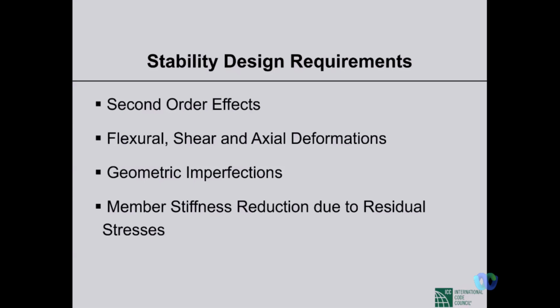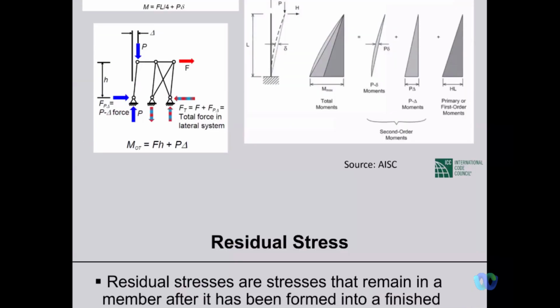One is second-order effects, another is flexural, shear and axial deformations that we'll see, and geometric imperfections. It's very difficult to consider them analytically, but there are ways. We'll talk about that tomorrow in the direct analysis method. But we have to consider the member stiffness reduction due to residual stress, and now how they are induced in a member, in a steel member.